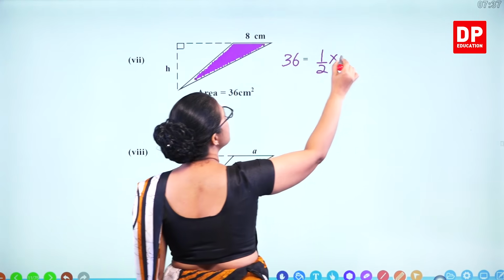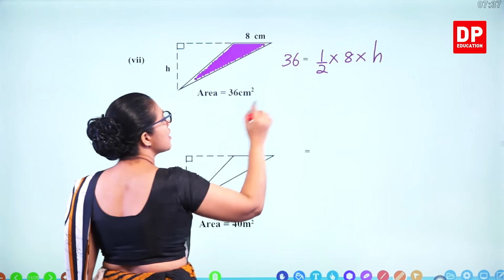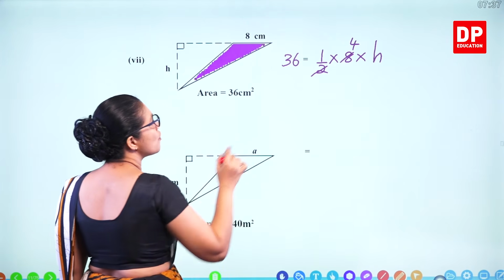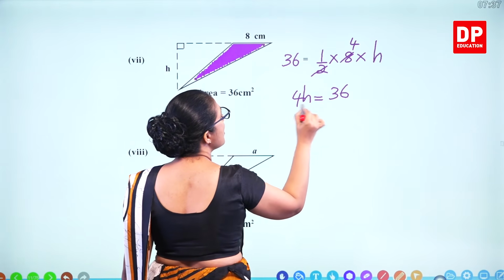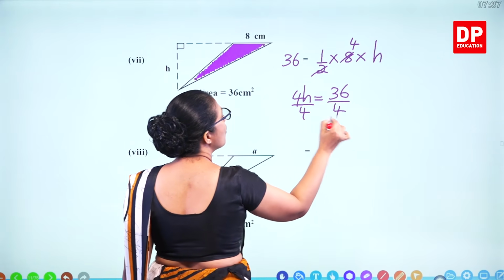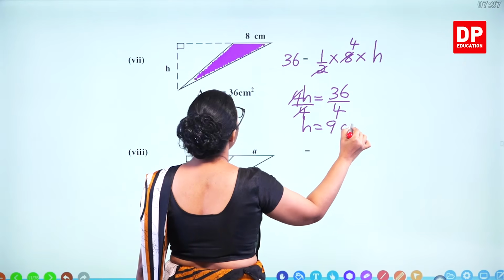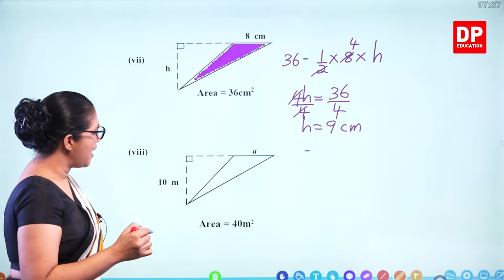Base length is 8 and the perpendicular height is h. 2 times 4. So 4h equals 36. Divide by 4. You get h equals 9 centimeters.